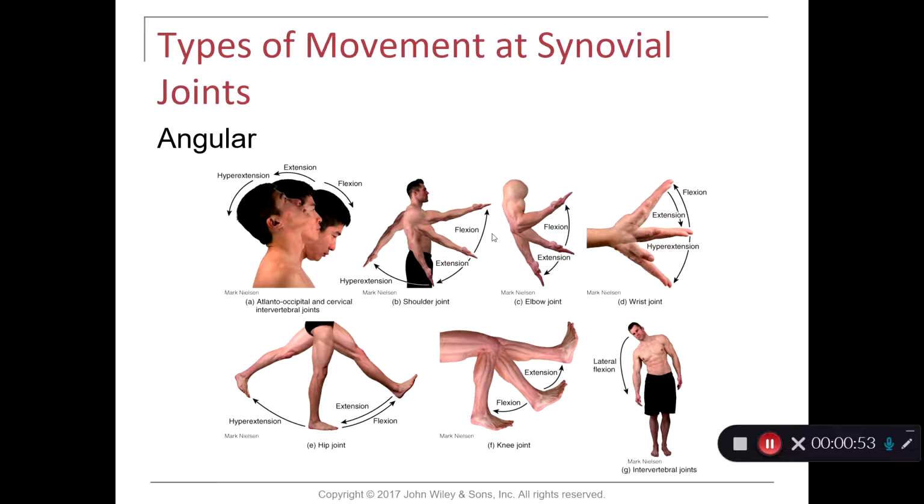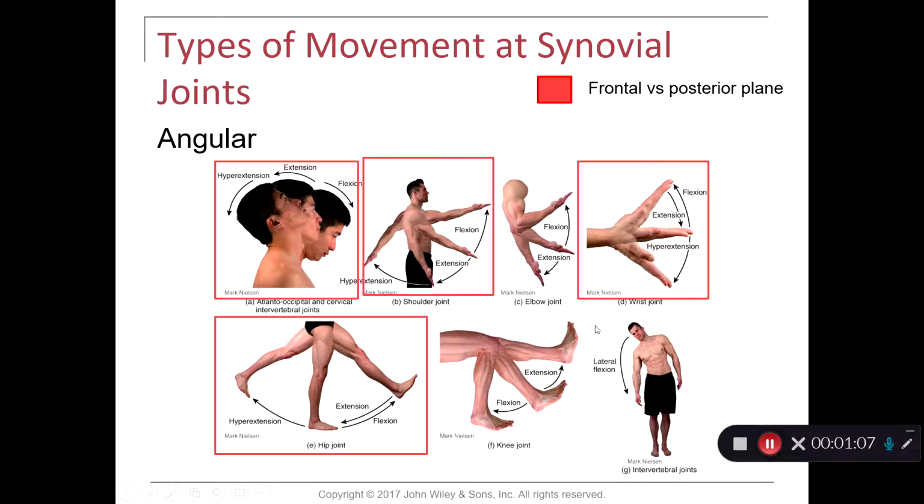And what I want to point out, bear with me for a moment, is that these ones here are actually discussing two different things. You're going to notice that these ones right here all have extension, flexion, hyperextension.